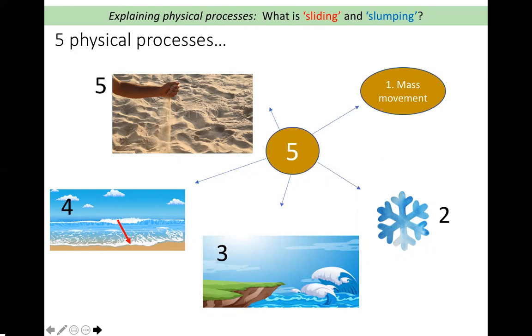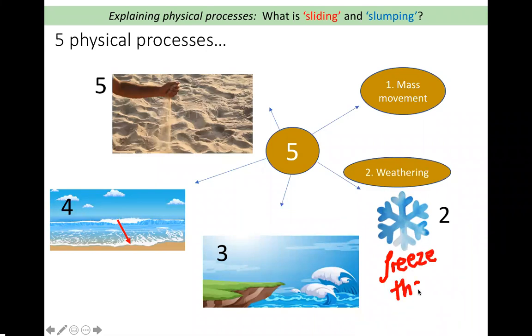So number 2, the little snowflake on the screen is giving you a little hint towards weathering. And this type of weathering in really cold conditions is called freeze-thaw weathering. Really importantly, this is the type of weathering that happens mostly during the winter along UK coastlines.